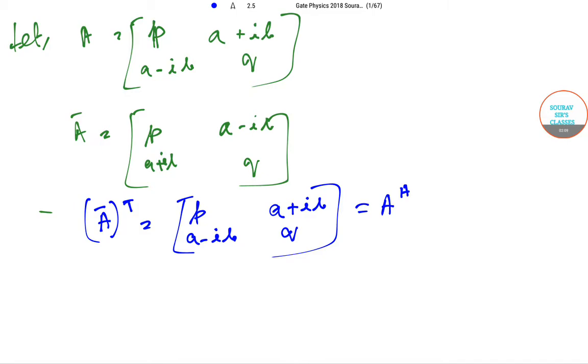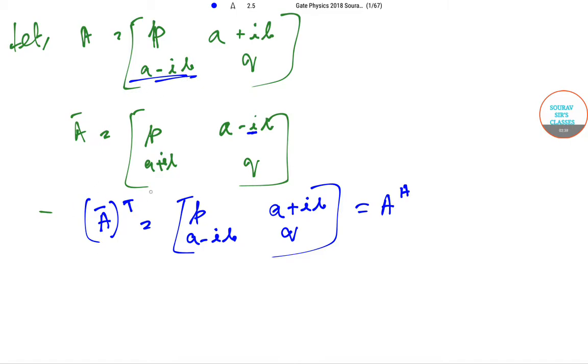So, firstly we take any matrix A and take the A bar of this matrix. There is a complex number, this I. So, we can write A plus IB as A minus IB, as there is a complex number, and here is also A plus IB, here is A minus IB.